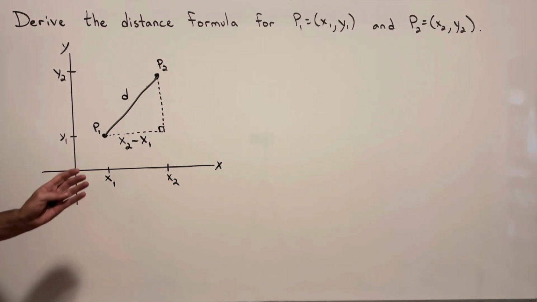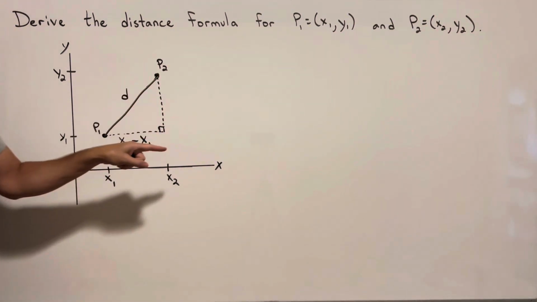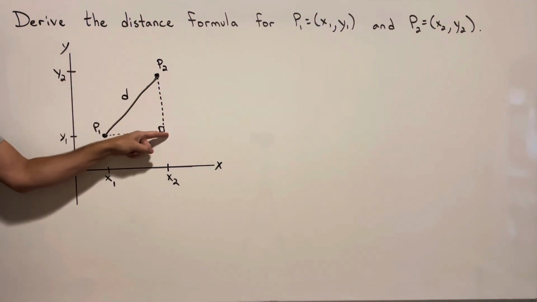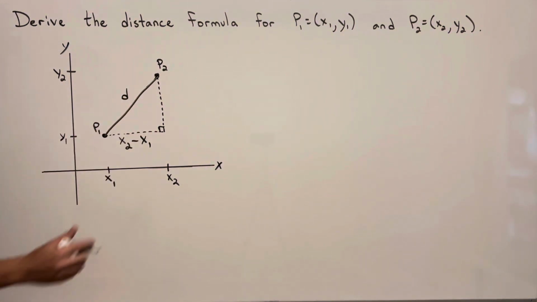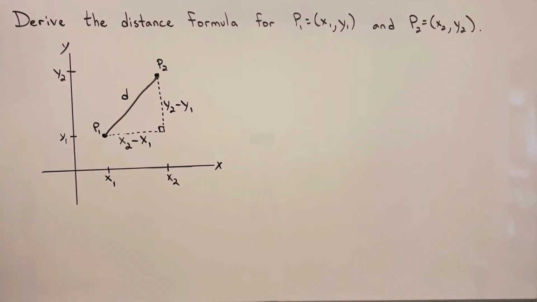And you can do the same thing for the distance on this side of the triangle. We have the larger number, y2, and the smaller number represented by y1. So this distance is going to be y2 minus y1.